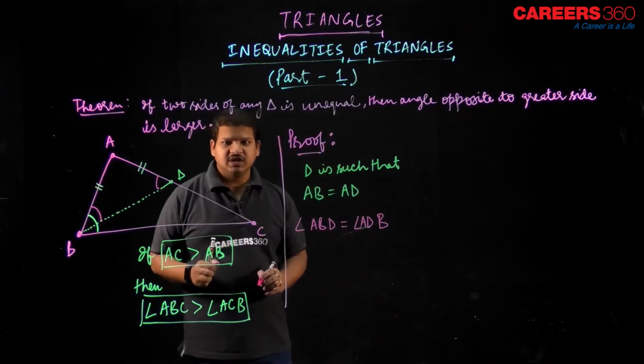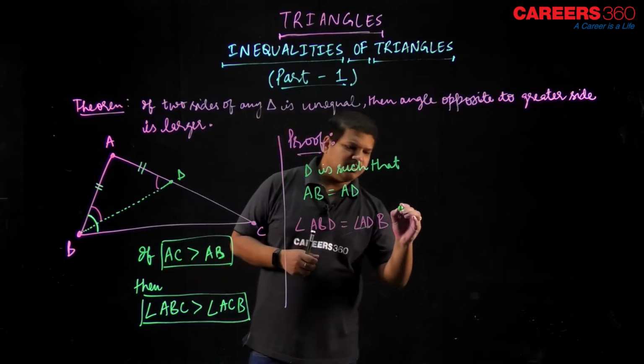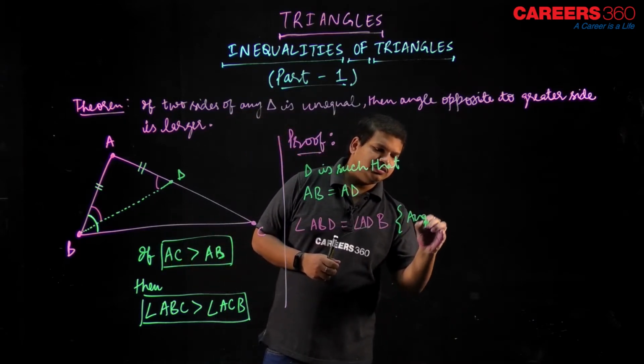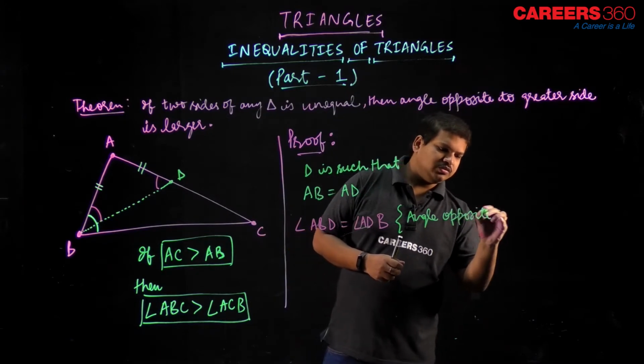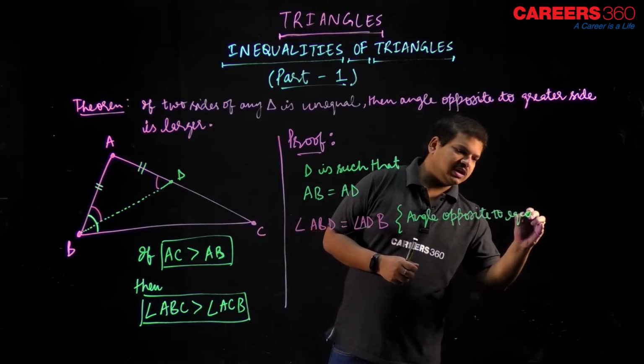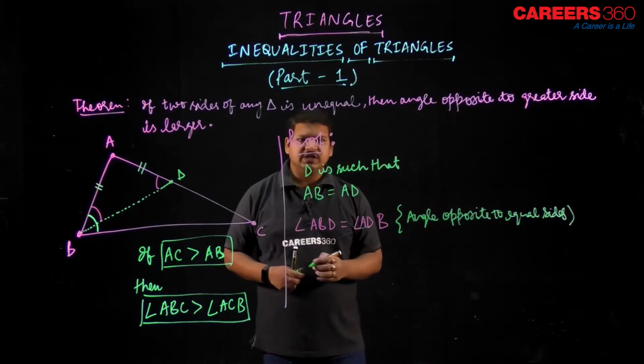I hope it is making sense to you. Now, why are they equal to each other? I hope you remember, angles opposite to equal sides are equal.